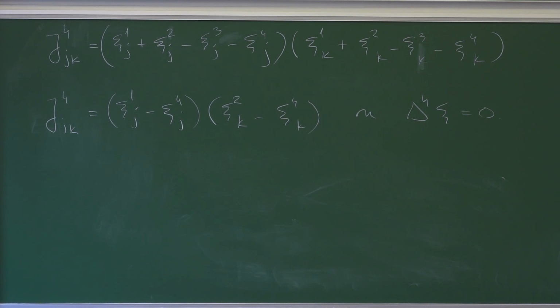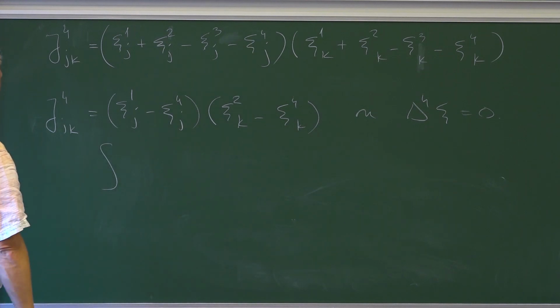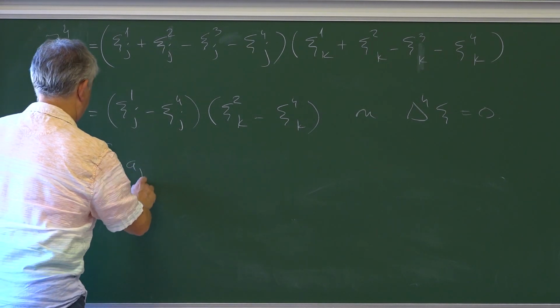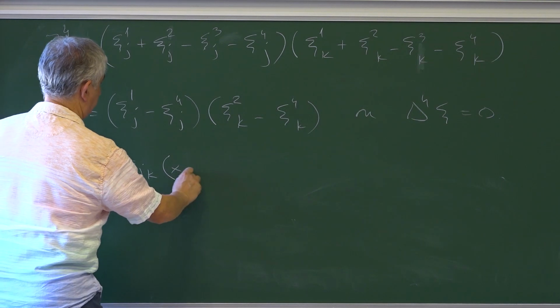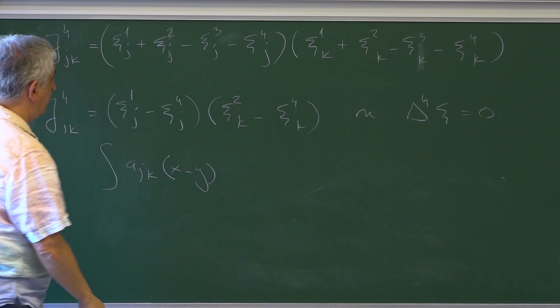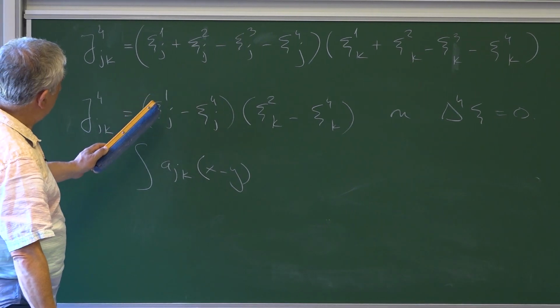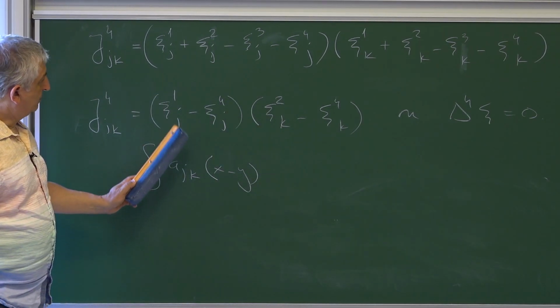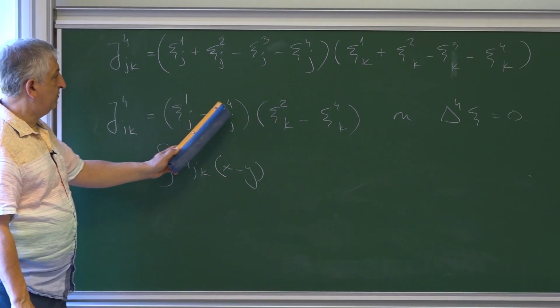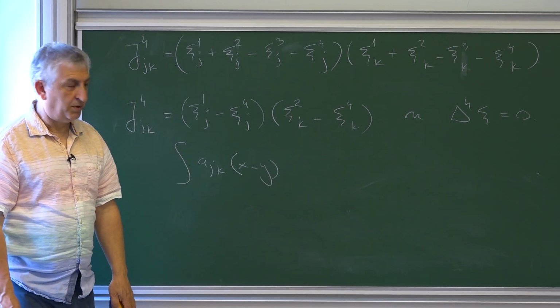this means that at the leading order in this computation, you're going to get the integral of ajk of x minus y. And then you're going to have some expressions. So 1 comes from u, index 4 comes from v, 1 comes from u without bar, 4 comes from v with a bar.